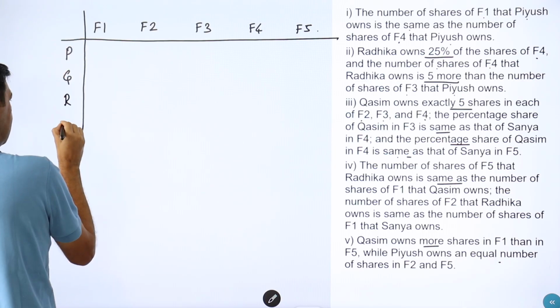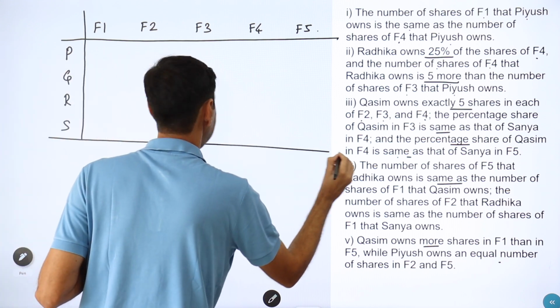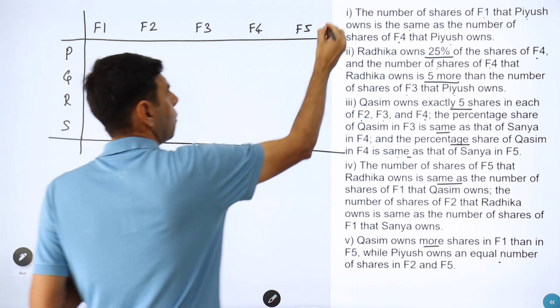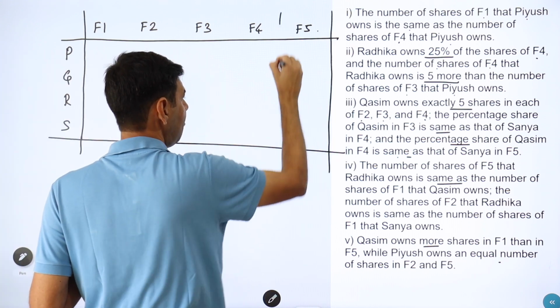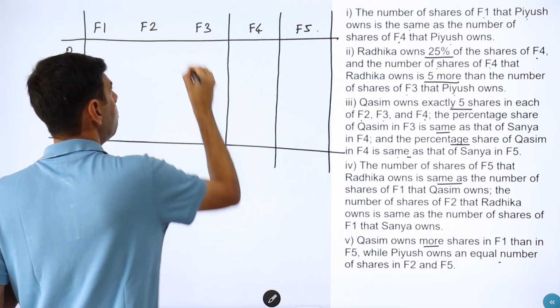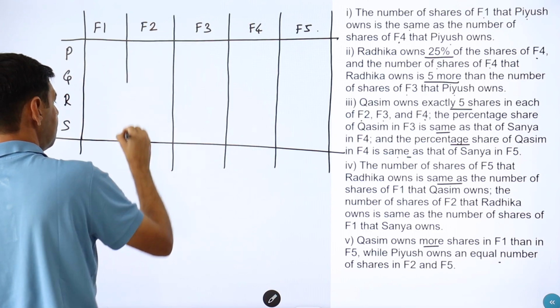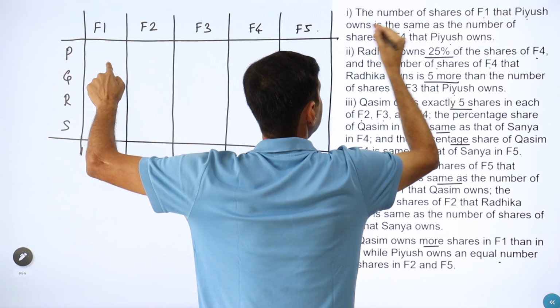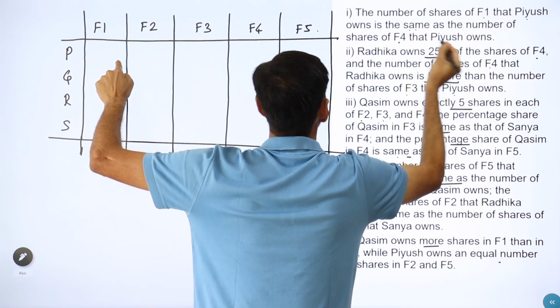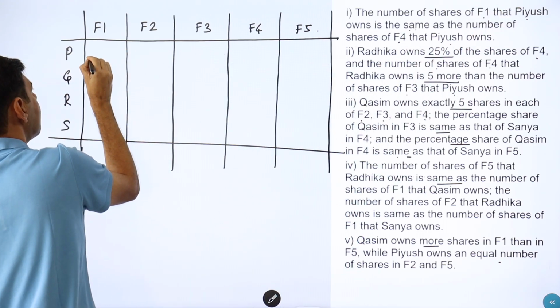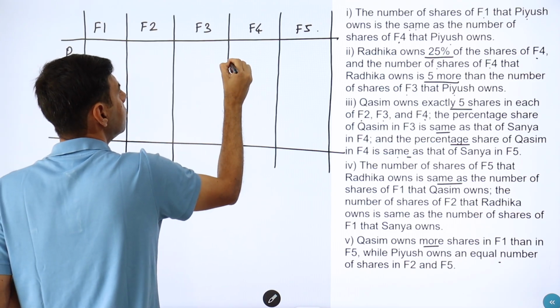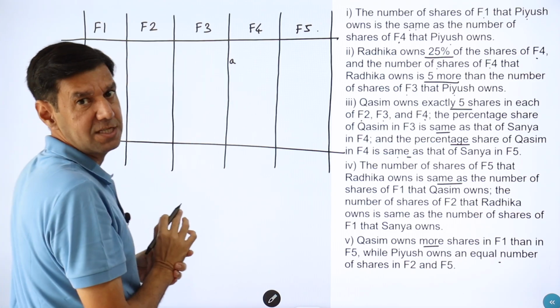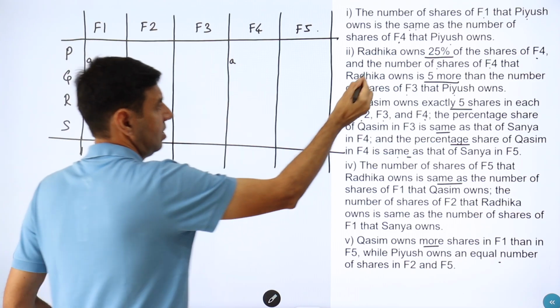So this should not be difficult at all. Let's get going. Carefully read the clues, don't race ahead, try to make the most of them. Number of shares of F1 Piyush owns is the same as F4 of Piyush. So if this number is A, this is also A. I don't know anything as of now, but if I know one of them, I know the other.